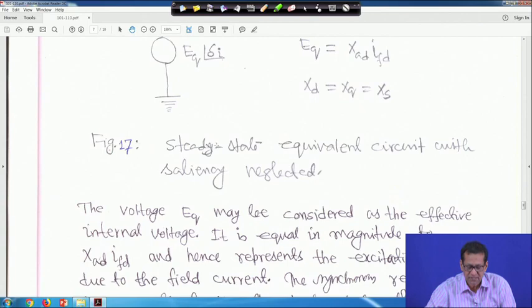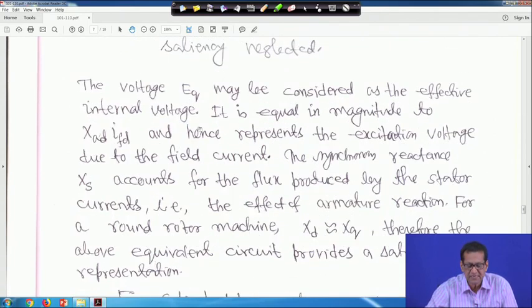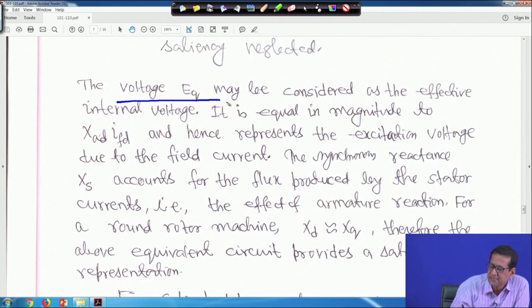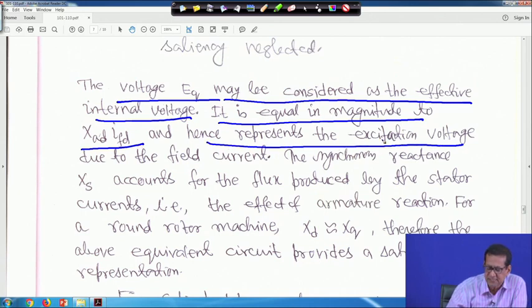The voltage Eq may be considered as the effective internal voltage. It is equal in magnitude to xad Ifd, as we have seen just now, and hence represents the excitation voltage due to the field current, because it is xad into Ifd, where Ifd is the field current.